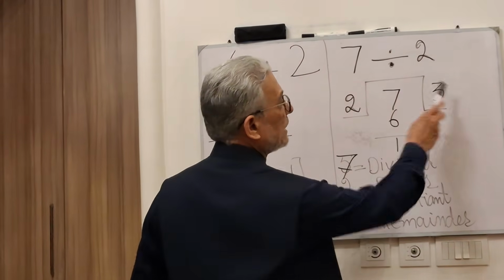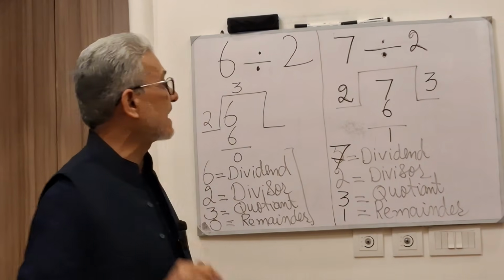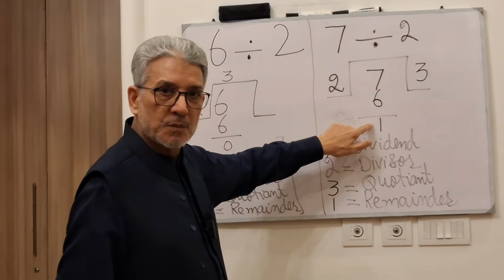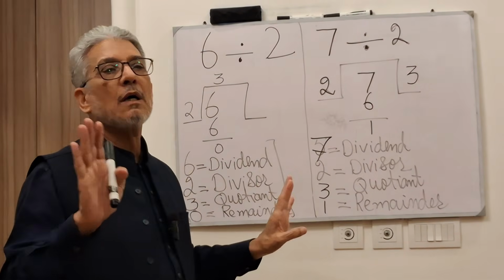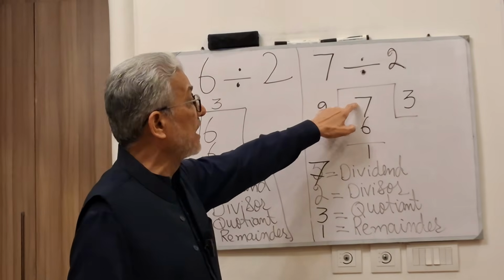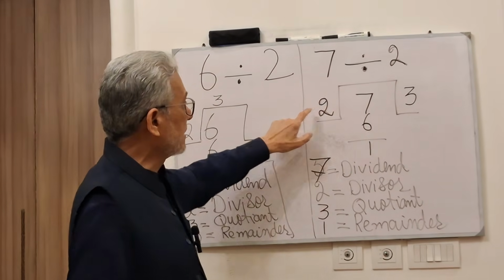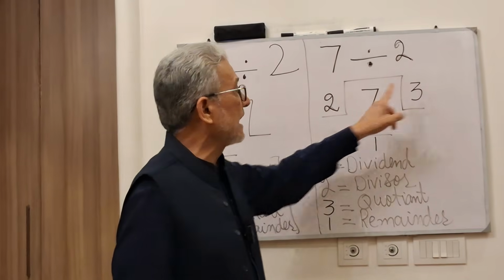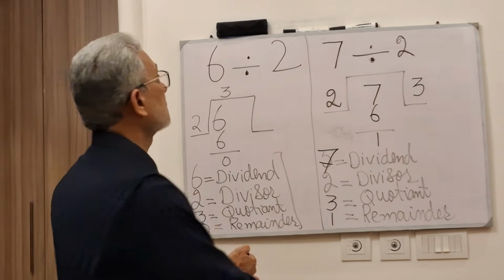And this quotient 3 is also not a factor of this number. When you have a remainder, you cannot have the factors of the original number. This is 2. 2 is not factor here and 3 is also not factor here.